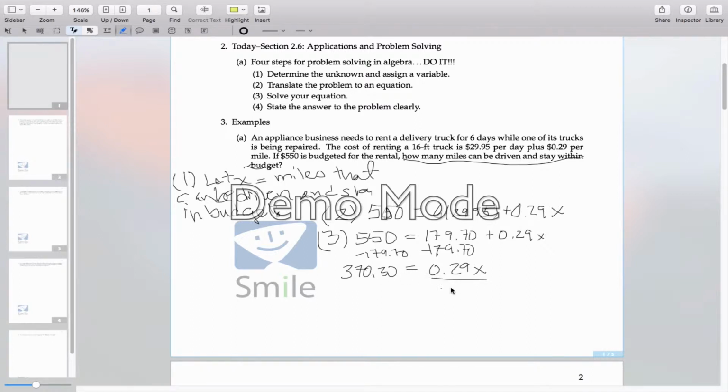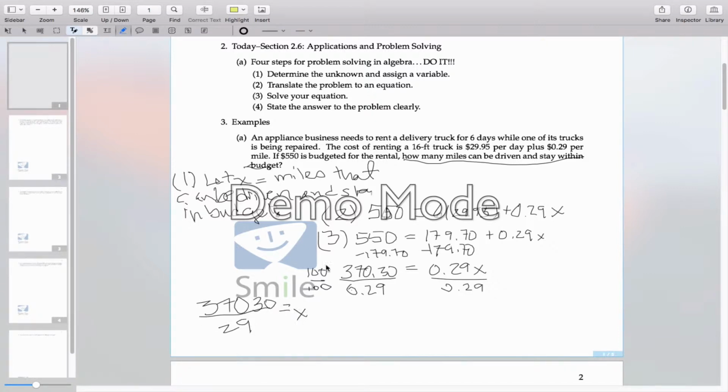Now I'll divide both sides by 0.29. And I know that I can multiply the top and the bottom, the numerator and denominator of this fraction, by 100 and get 37,030 over 29.